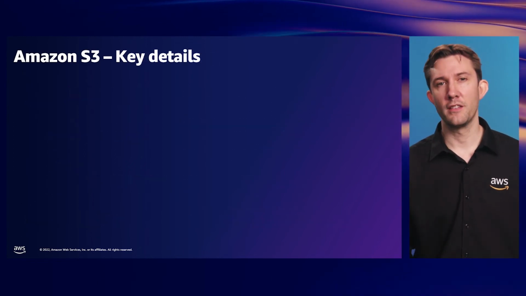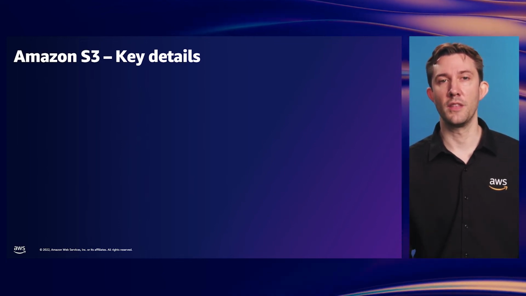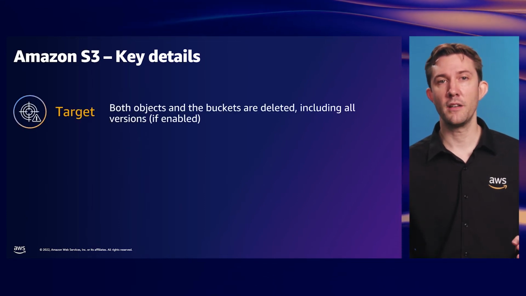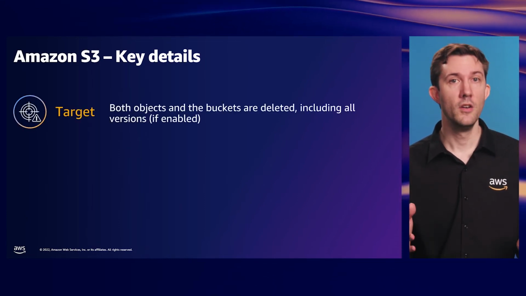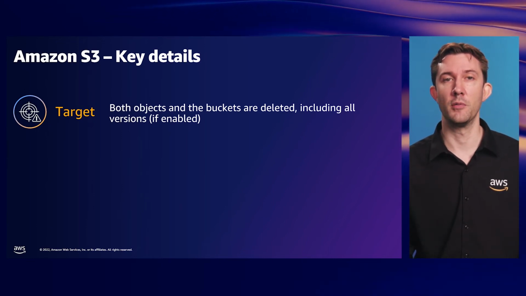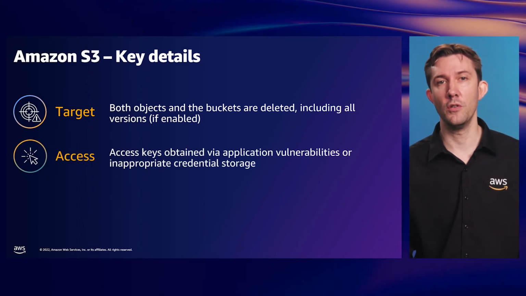Again, before looking at some of the controls that can help, let's have a look at 3 key commonalities with these events. Firstly, the Amazon S3 object and bucket, or buckets, were all deleted, including all versions if versioning was enabled. Second, valid IAM credentials were used.